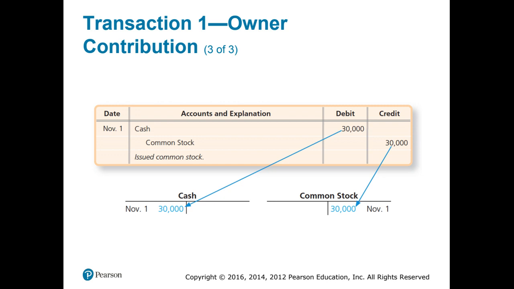And since we debited, it happened on the left side. So our date is going to be on the left-hand side. We're going to credit our common stock. Since we credited, it goes on the right, and our date is going to go on the right side. So just note that as well.